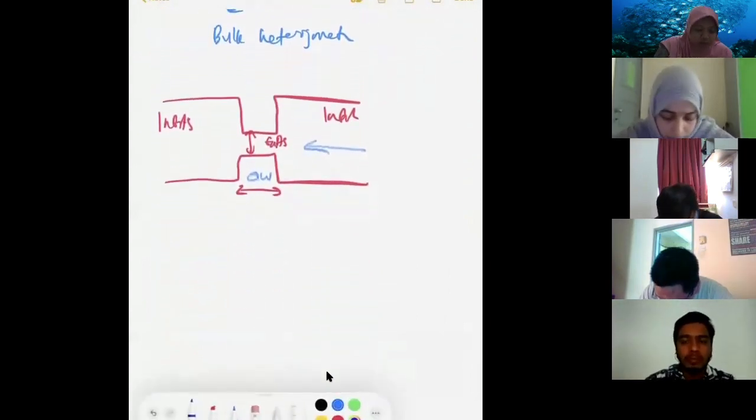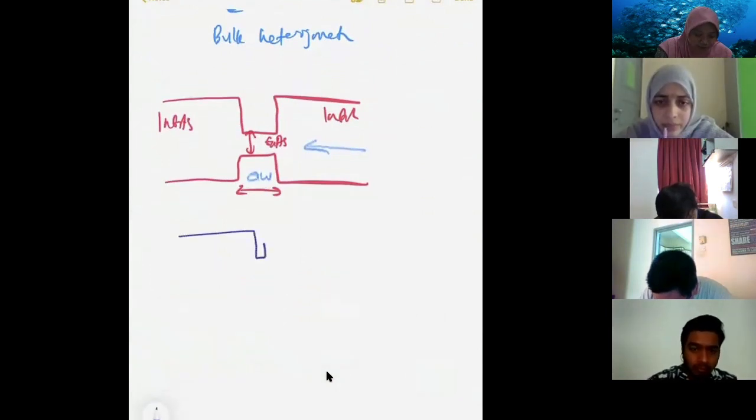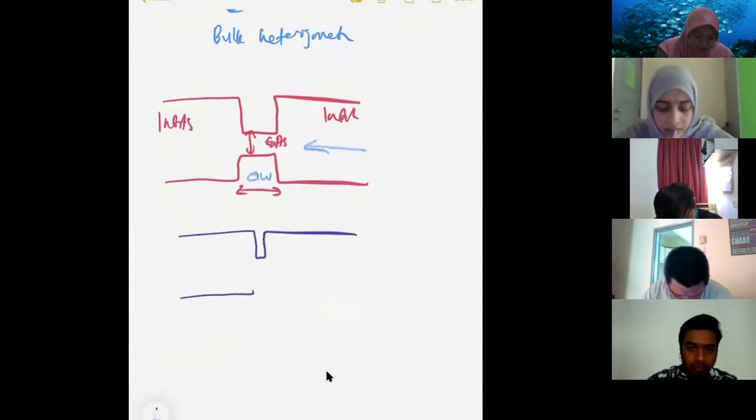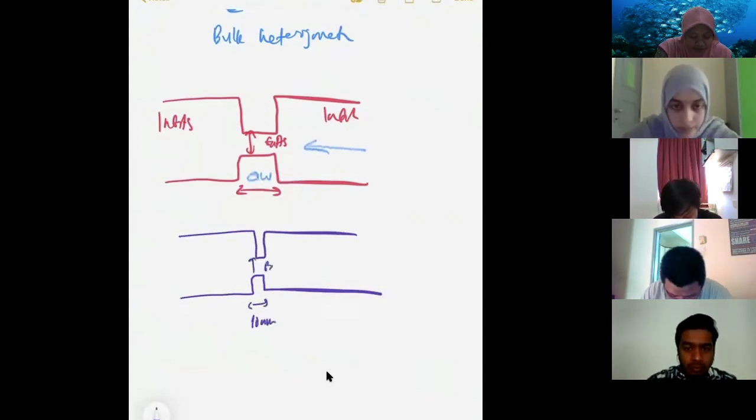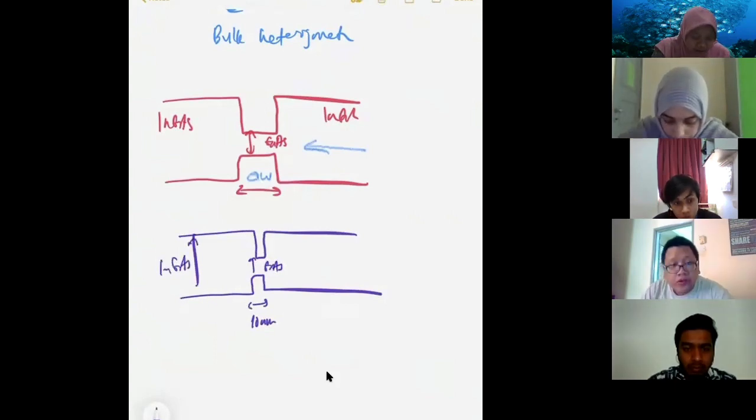If I'm going to make this a quantum dot, just simple, just make it smaller. So this will be around 10 nanometers. This can be gallium arsenide, and this can be indium gallium arsenide. So what happens if I make it smaller?